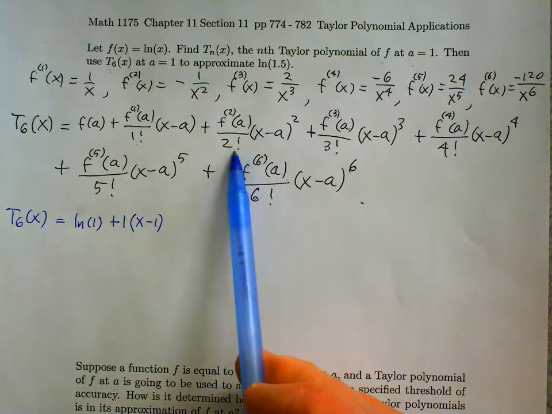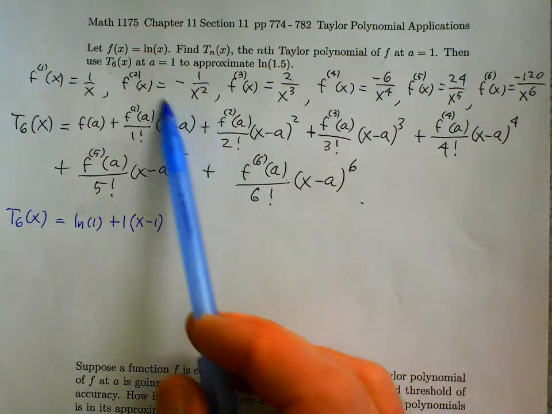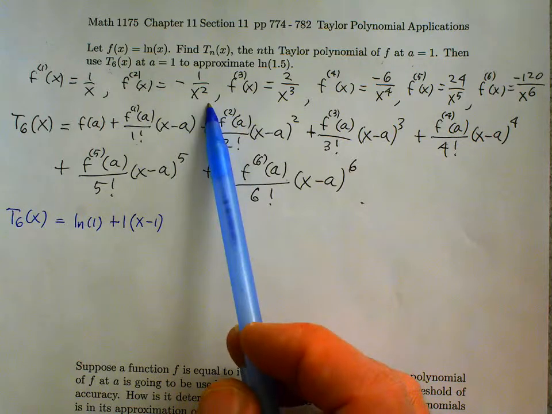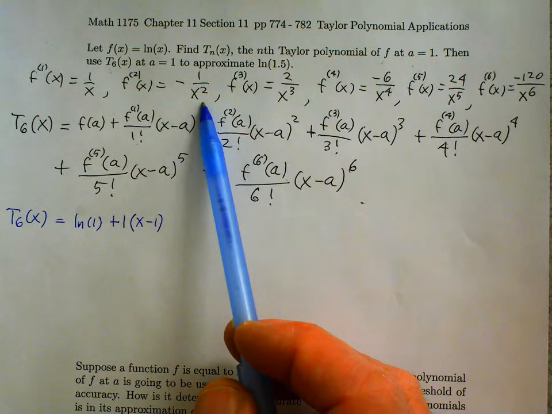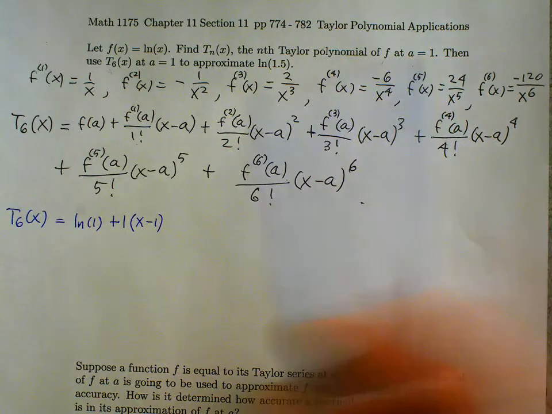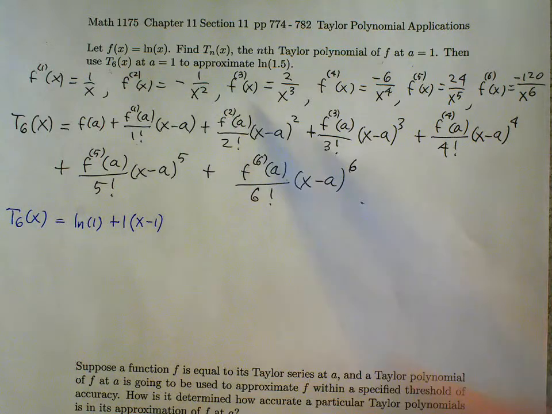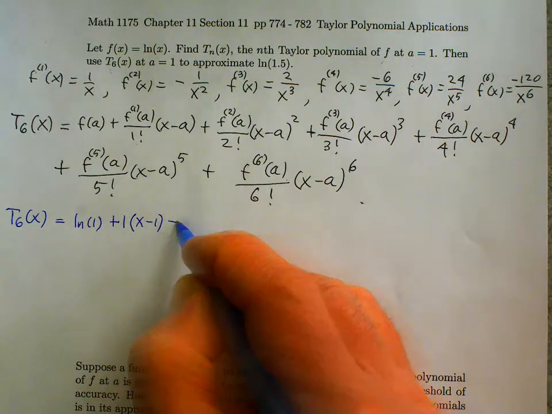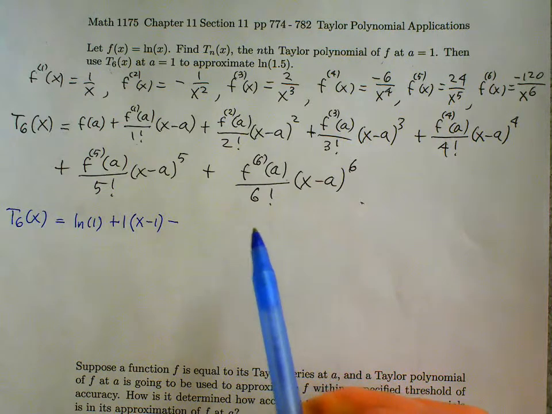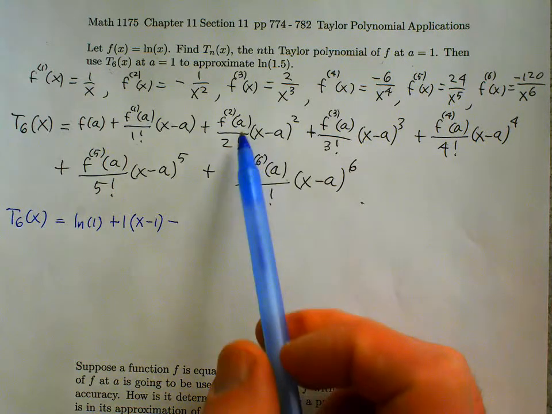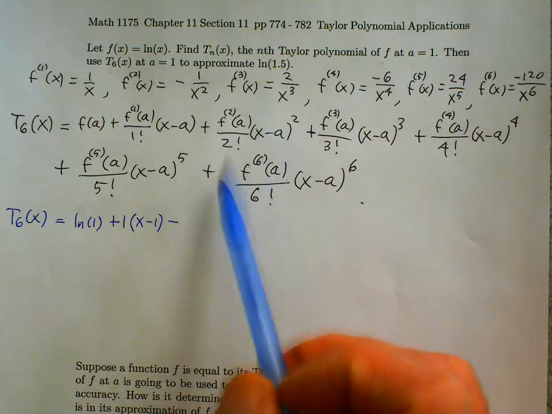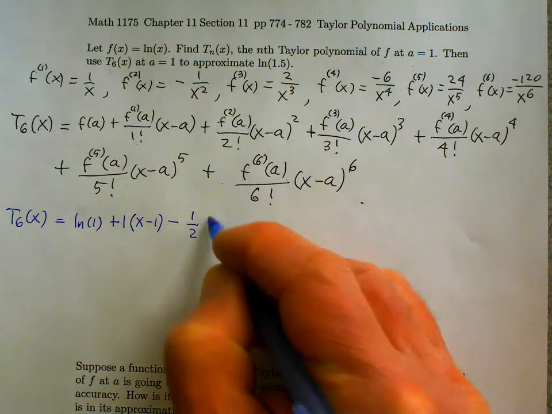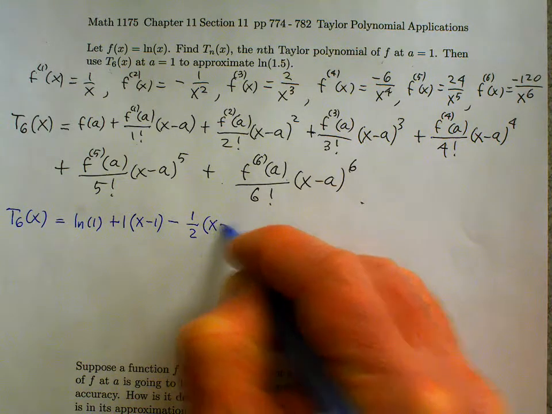Then the next term, the second derivative of f of x is negative 1 over x squared. Evaluate that at a equals 1. This is negative 1. So we have minus, and then 1 over 2 factorial, which is just 1/2, times x minus 1 to the second.